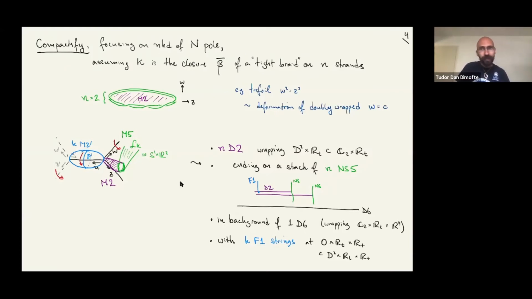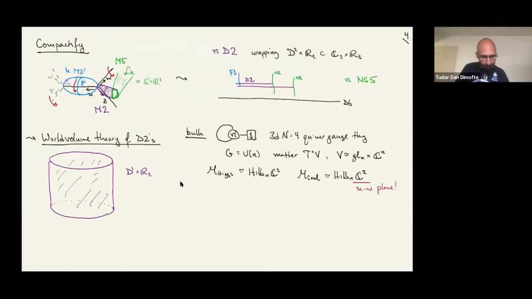And we can translate that entire thing to field theory. So if we focus on the worldvolume of what had been the M2 branes, now they're D2s. A bunch of D2s sitting inside a D6 give us the ADHM quiver. So this is the classic construction of instanton moduli spaces.